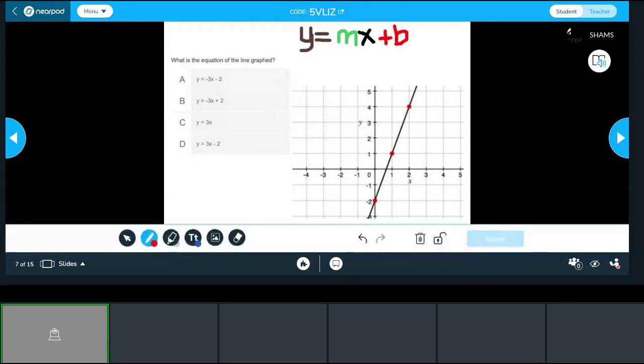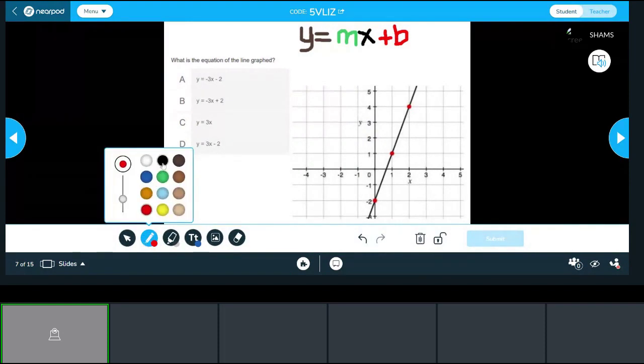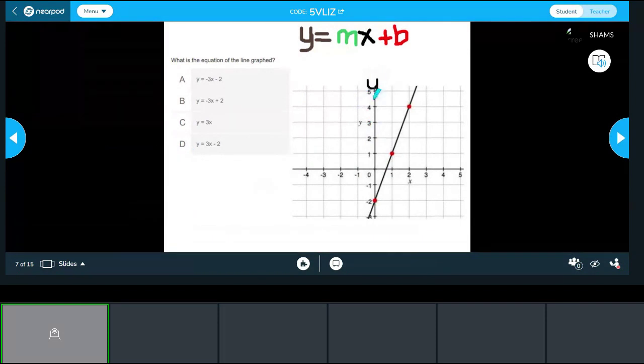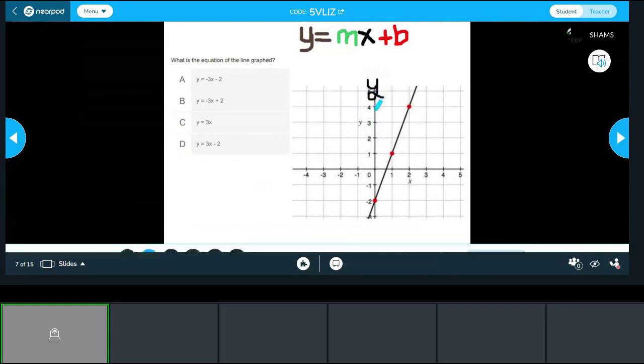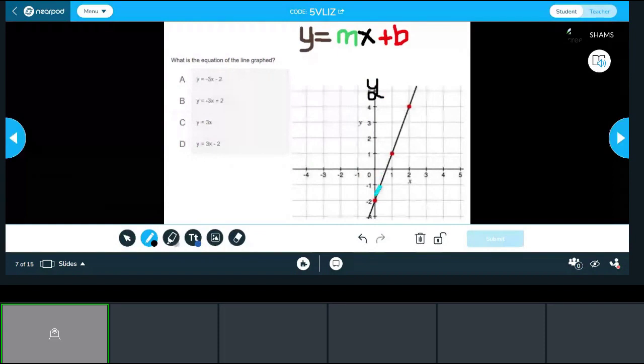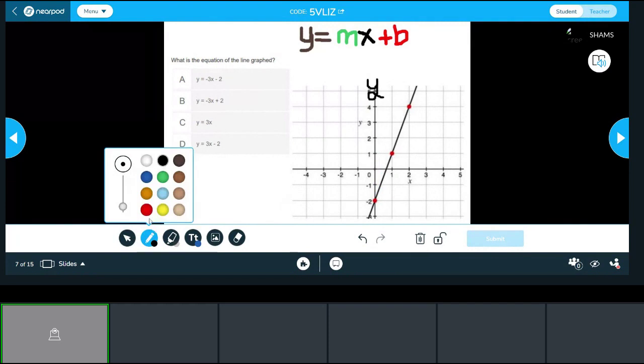Firstly, I will always start with my b. B is y-intercept, and it lies on the y-axis. This is the y-axis. So where is b? Right here. The graph and the y-axis meet over here. I'm gonna go mark my b. B is right over here.